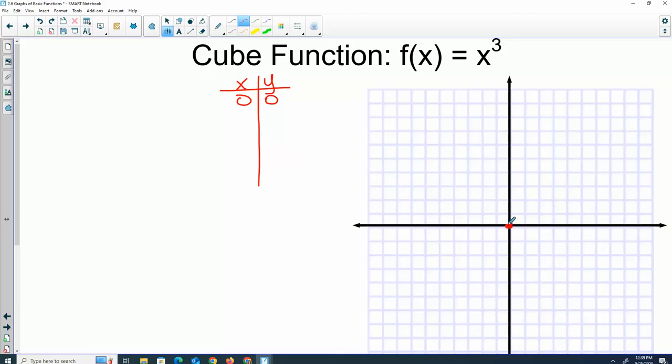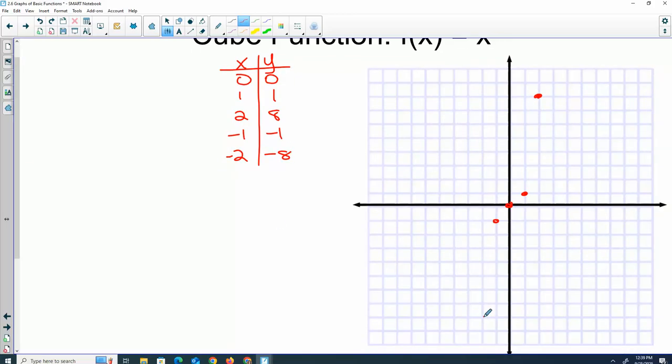If I put in 1, 1 to the third. If we put in 2, 2 to the third. What would happen if I put in 3? 27, so that's huge. Let's try some negatives. Negative 1 to the third. Negative 2 to the third. So this is like our chair function.